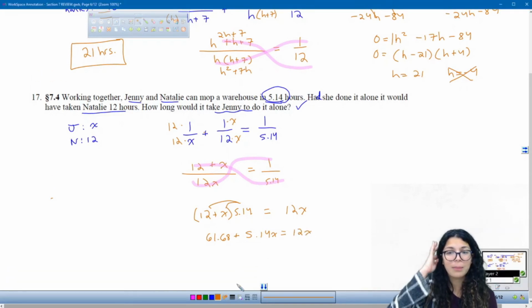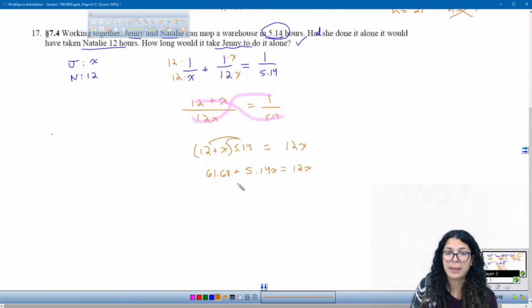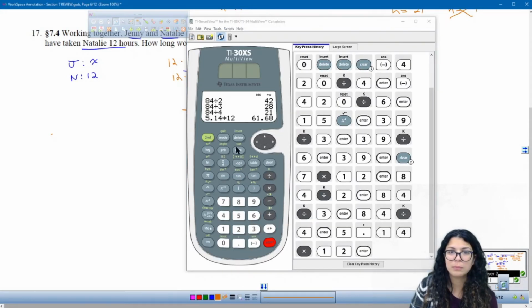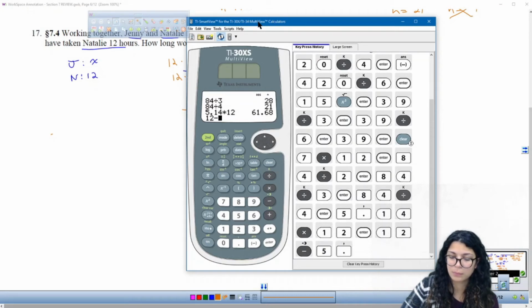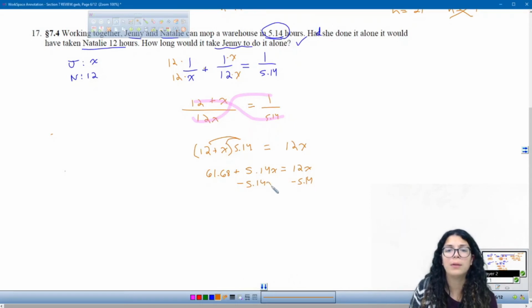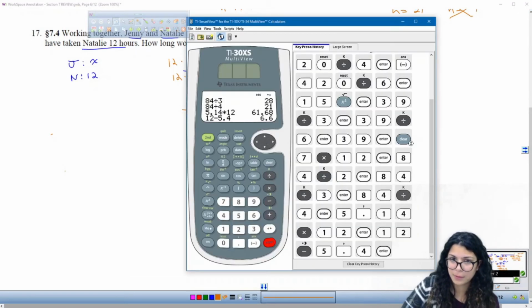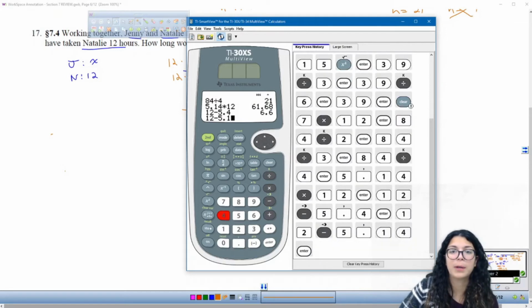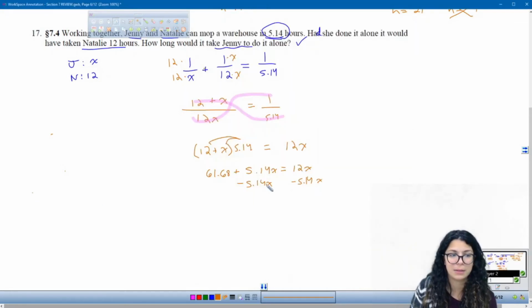I'm going to go ahead and bring all of my x's to the right-hand side by subtracting 5.14x on both sides, and 12 minus 5.14, excuse me, is 6.86.